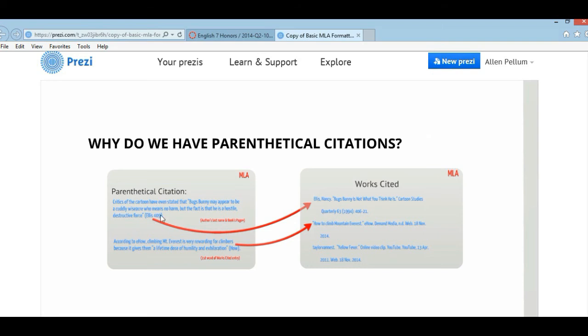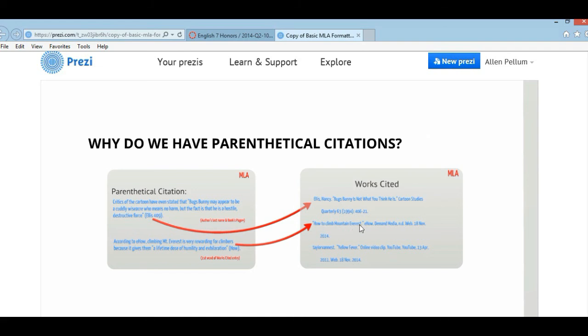Well, here if we want to find out more information because maybe we like this quote, then we see Ellis is the author's name, and when you're citing a book on your works cited page, the author's last name is the first word of that citation. But when you don't have an author's last name or the page number, the first thing you'll see in the works cited page is going to be the title of the website.